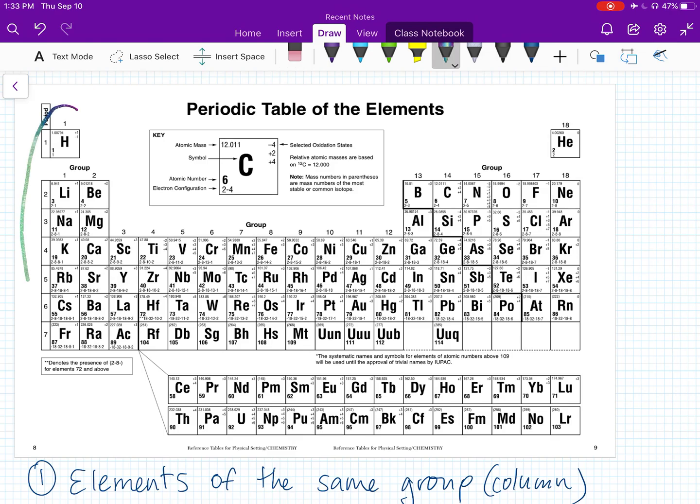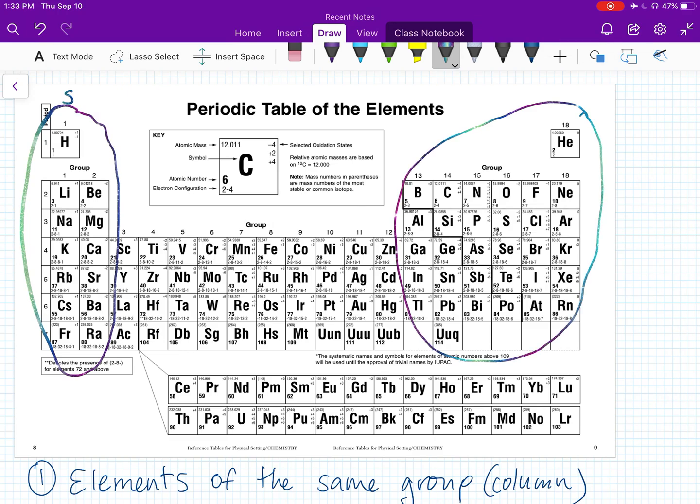As I go from group 1 to group 2, that indicates the filling of the S sublevel. As I go from group 13 to group 18, that indicates the filling of the P sublevel. The D sublevel encompasses groups 3 through 12.